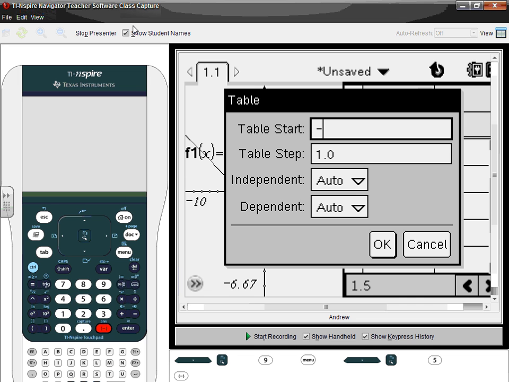And what is my increment? You want to start at -5, and it wants to go by increments of 1, so go all the way down to OK.